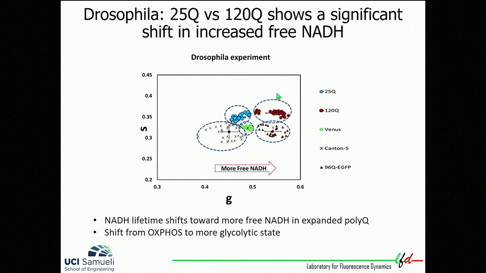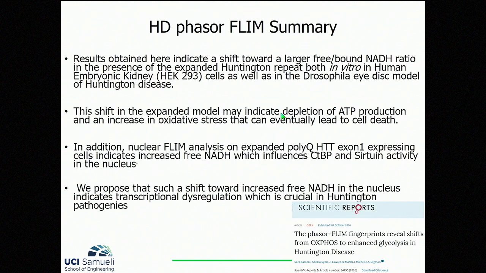So this is a summary of the wild type versus the expanded form, and you could clearly see that the normal Drosophila eye disc has more bound NADH, and the expanded form, the poly 120Q, and we also used a 96 expanded CAG repeat model, shifts the metabolism to a more free NADH, indicative of glycolysis.